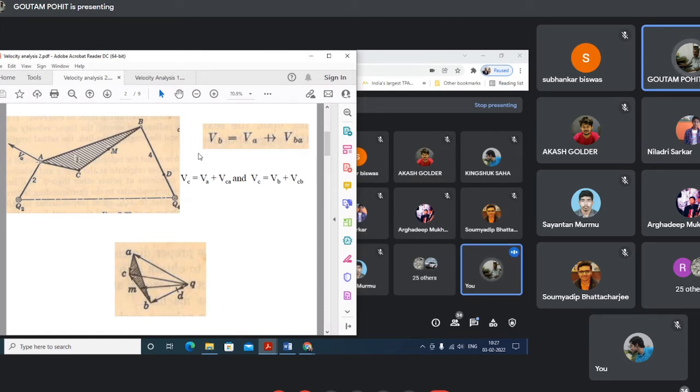It's perpendicular to QA. The same concept is extended for the relative velocity method also. I mean, the velocity of B with respect to A, VBA, its direction will be perpendicular to this one, and its magnitude will be equal to AB into omega BA.